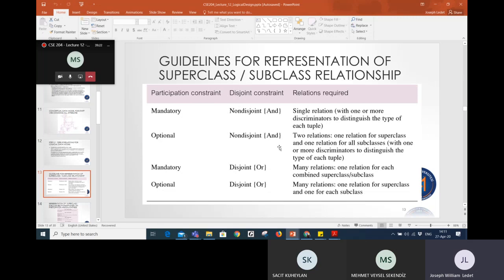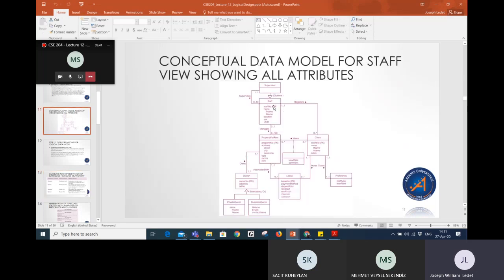Optional and, meaning it could be one of those, and if it is, it could be more than one. Then we need 2 relations. One is for the superclass, the parent class, because everybody is going to be one of those. So if we look at staff, everybody in our system is a staff person. Some are going to be supervisors, so we don't want to store a bunch of nulls for everybody who's not a supervisor.